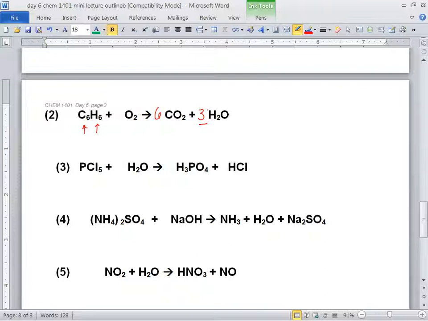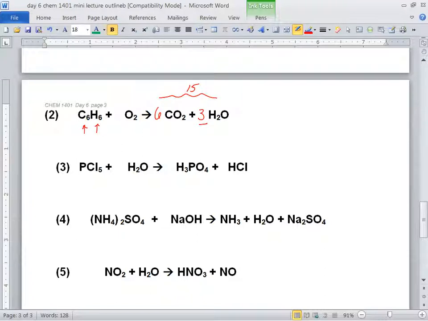Here's the advantage of it. Okay, how many oxygens do I have on this side? 15, right? So it sucks. It's an odd number. So you want how many oxygens on the reactant side? 15.